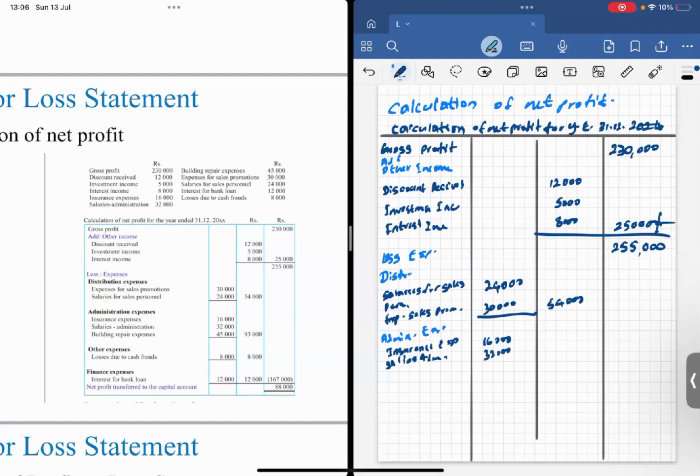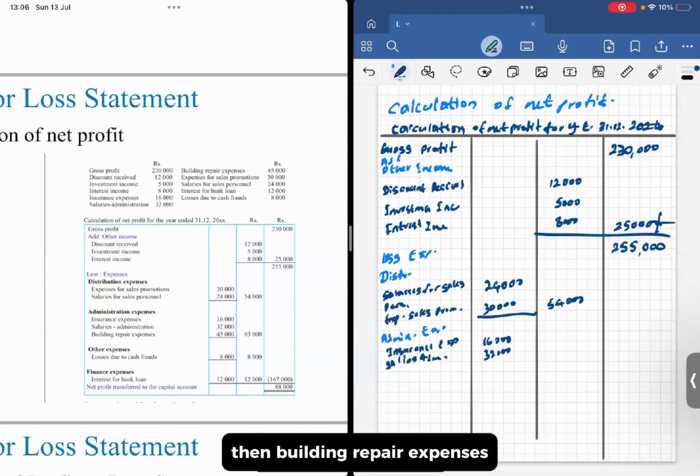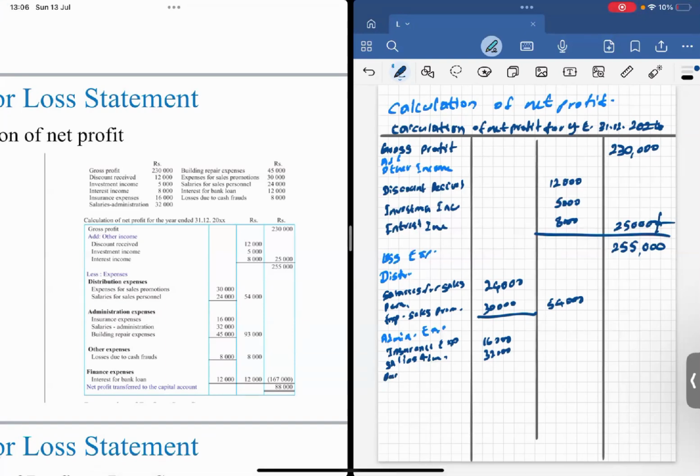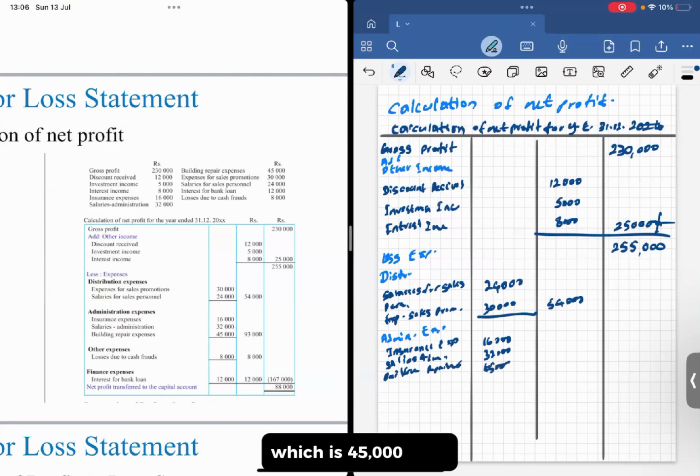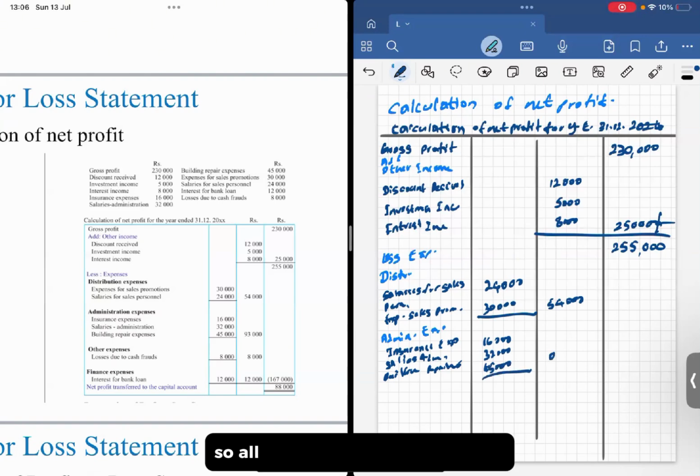Then building repair expenses, which is 45,000. So altogether they will be 93,000.